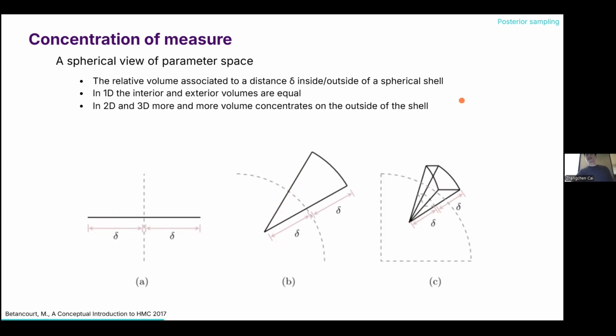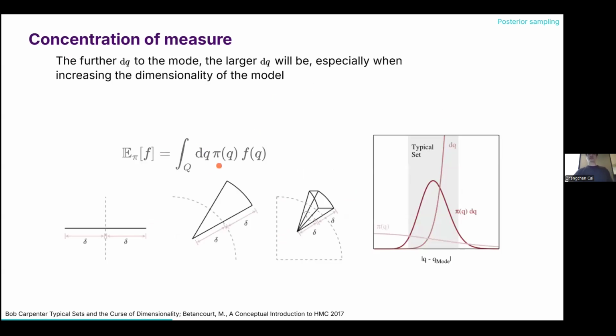And what is this volume? This volume is in the equation of Bayesian theorem. So here we're just estimating the expectation of your posterior, right? This is the parameter. This is your density function of the parameter. And this is just the function of your model, like a linear equation or whatever.